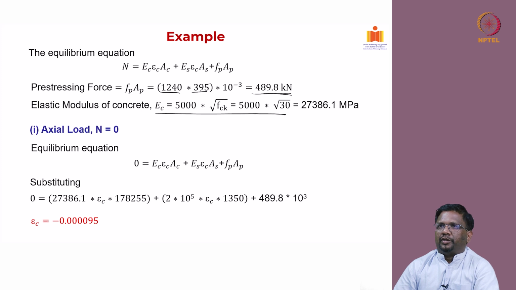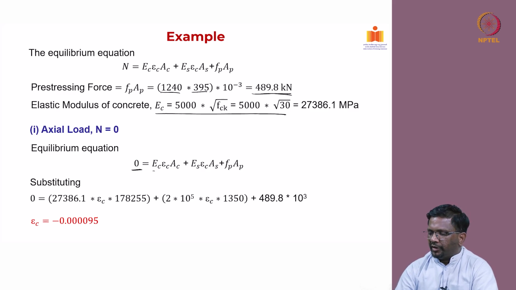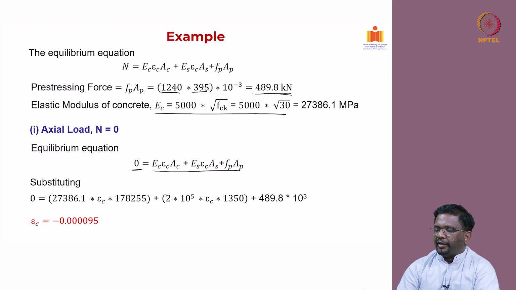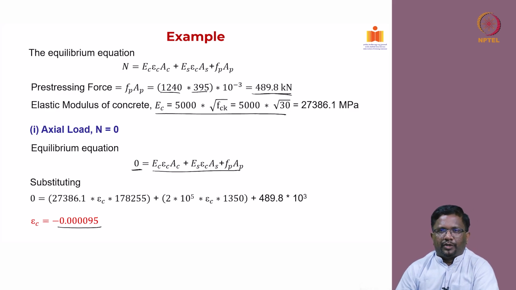So, you get this value at axial load N equal to 0, which is the equilibrium condition. So, it is a linear relationship. So, what we can do is calculate the strain at which N is equal to 0. So, it is a very small strain of 0.000095, actually there is no axial load in the cross section.